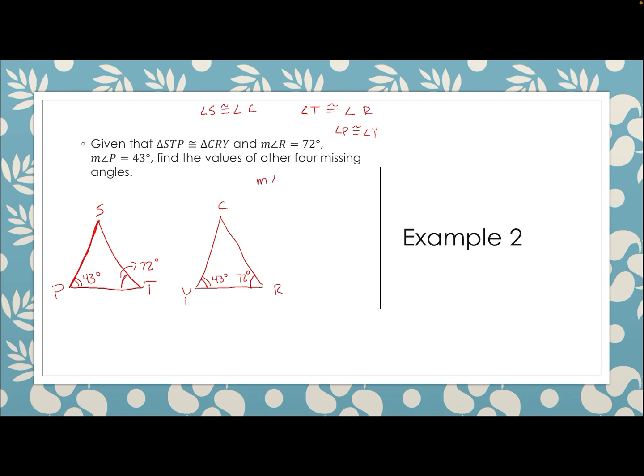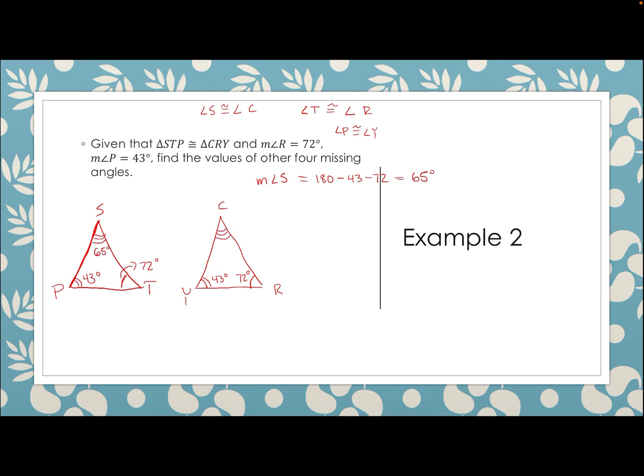So now that means the measure of angle S is equal to 180 minus 43 minus 72. That's 115, and 180 minus 115 is 65 degrees. So angle S is 65 degrees.